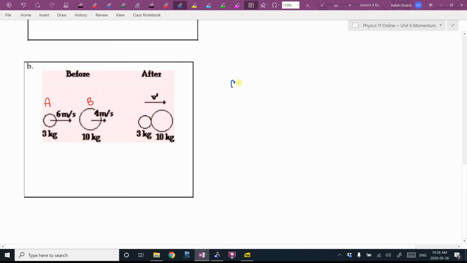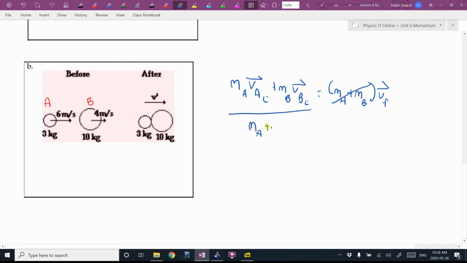Looks like we're going to have mass A, velocity A initial, mass B, velocity B initial, stuck together. And again, we want to get the V final by itself, so looks like I can just divide by that.